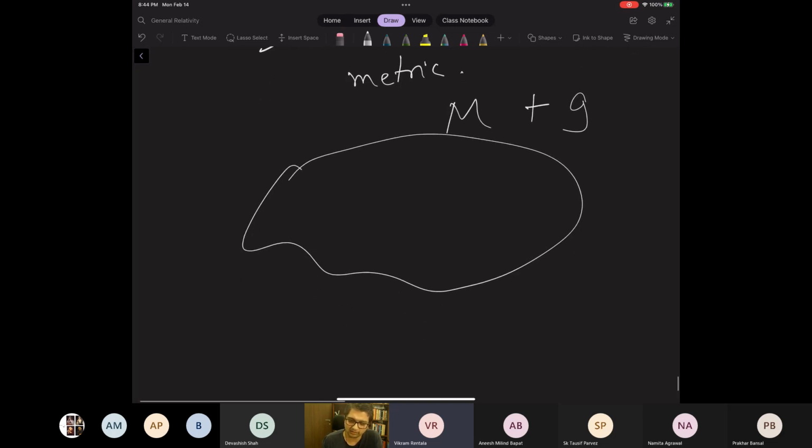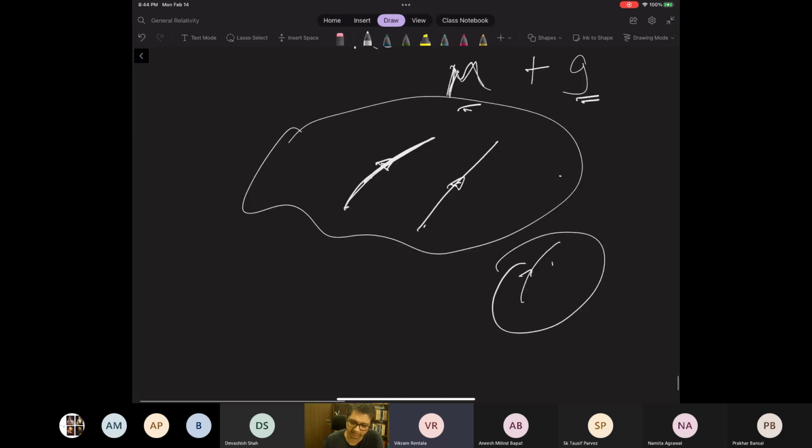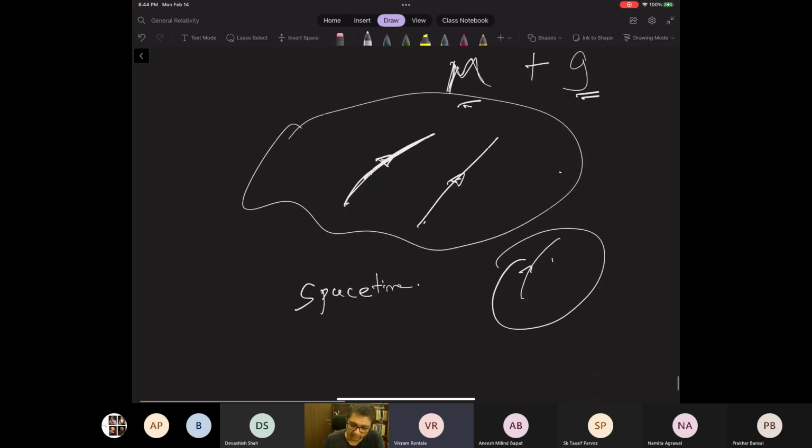And once you have a manifold with a metric, particles follow geodesics, which are the straightest possible paths in spacetime. Even if the spacetime is curved, like imagine it was some kind of sphere which has curvature, particles will follow these straight lines, except these are straight lines not in space but in spacetime. So we have to define a notion of straight lines in spacetime.